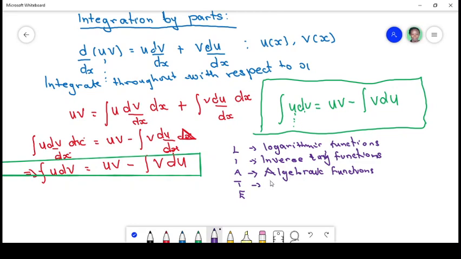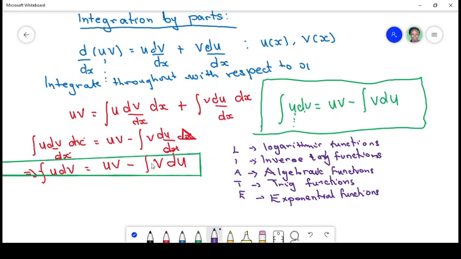T will be our trig functions, that's the trigonometric functions. Then my E, can you guess? The exponential functions.